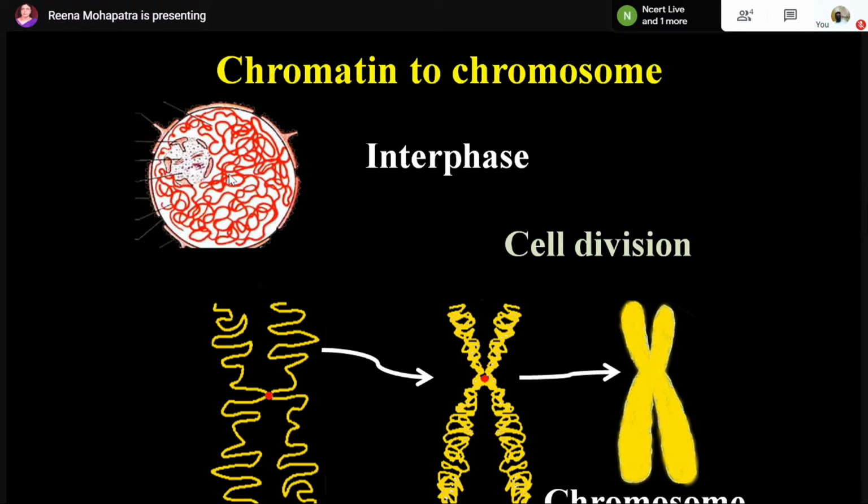During interphase, you find the chromatin material present in the form of very thin fibers which you cannot see under a microscope. But when cell division is going to take place, this chromatin network becomes highly coiled and thickened, and then it is called chromosomes. So you find chromosomes only during cell division, not always. Got it? All right.